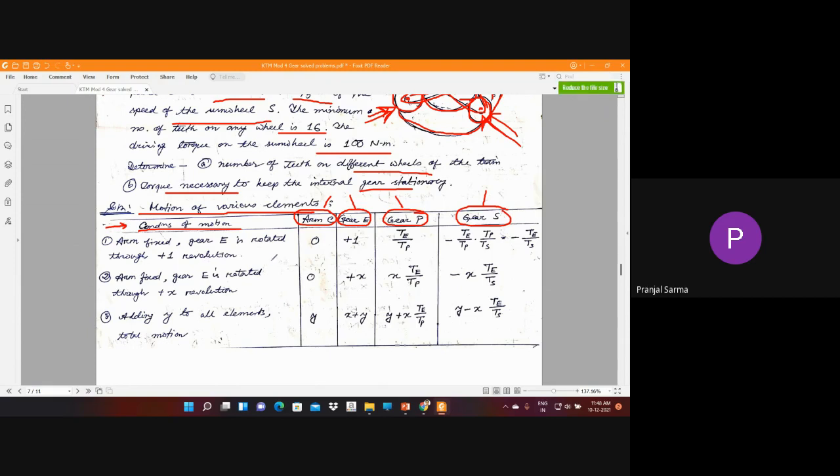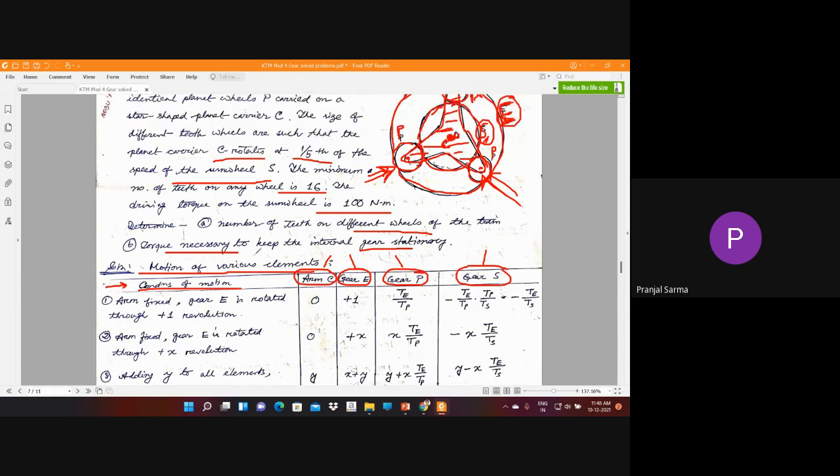We initially consider the arm is fixed, and we try to give one rotation. So the arm is fixed, and gear E is rotated through plus one revolution. Whether you consider plus one or minus one depends on the sense of direction.